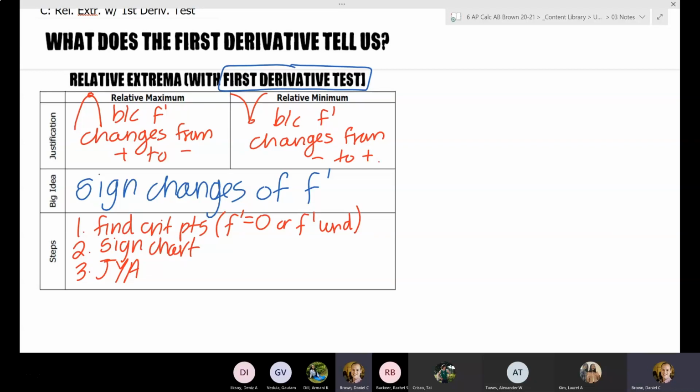I just have one example, and then we'll talk about something called the second derivative test for extrema. Anyone still writing that? All right.